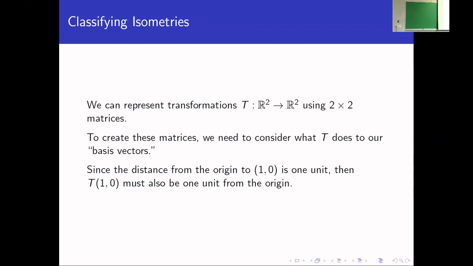All right. So a couple things. To create these matrices, I'm just going to consider what the matrix does to our quote unquote basis vectors. Do we all know what that means? By we all, I mean Emma. Think about your Calc 3.